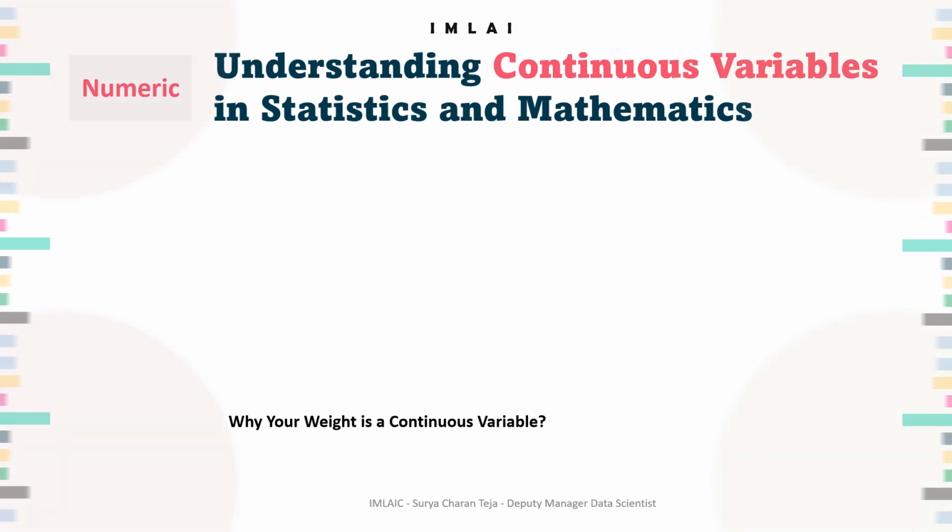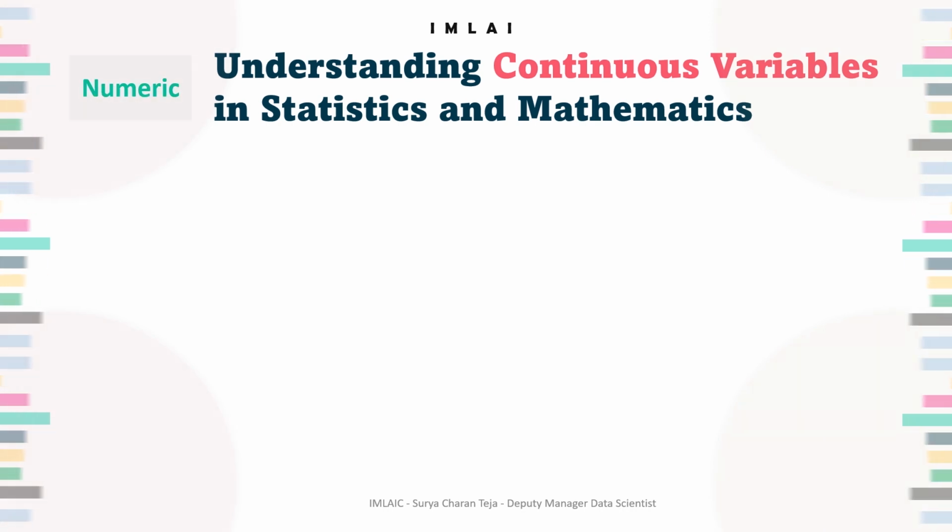So what is a numeric data type? Data that are expressed on a numeric scale are called the numeric data type. Numeric data types, we will be looking into the continuous variables first.